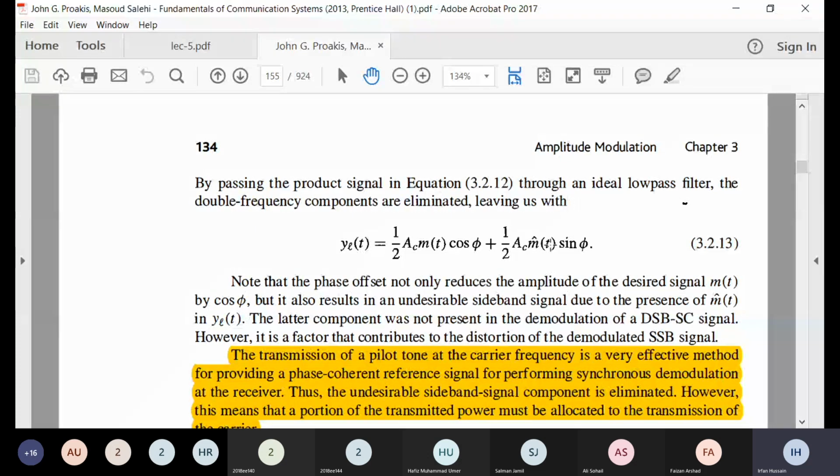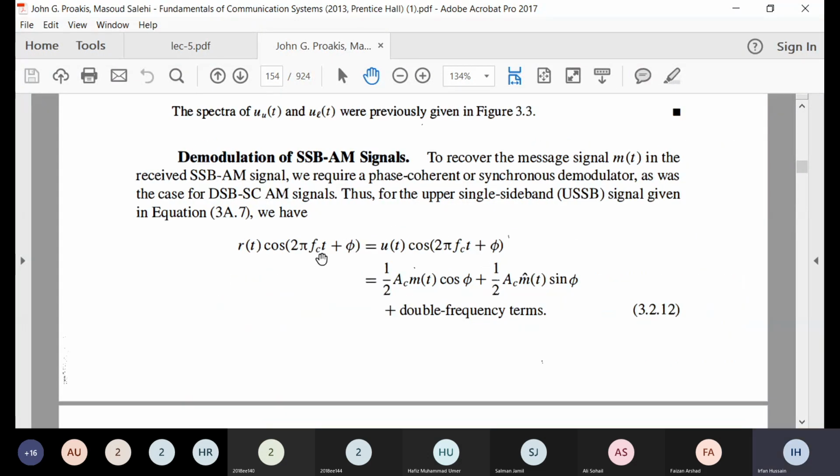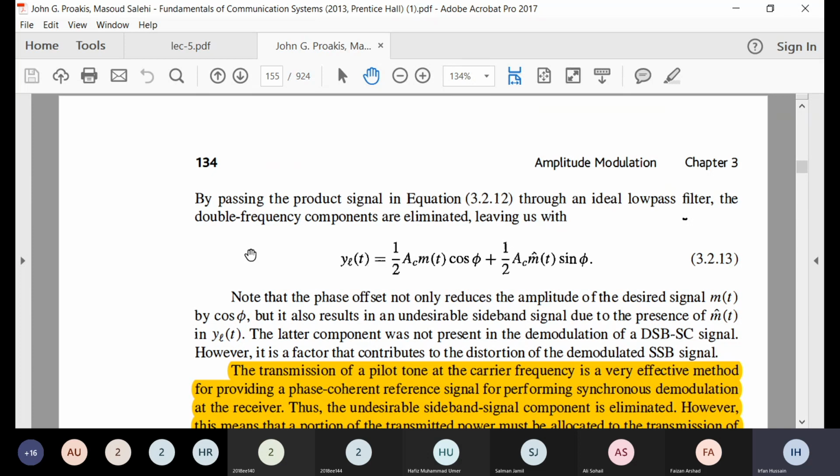But if we send a carrier and we have a phase coherent, synchronous demodulator, the receiver will generate a carrier with phi equal to 0 because it will be exactly in phase with the received signal. Once phi is 0, sine of 0 is totally 0, so that term will be neglected, and cos of 0 is 1, and hence you will be able to demodulate the exact signal.